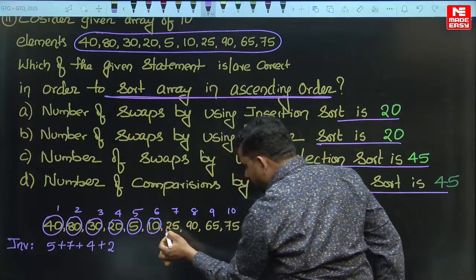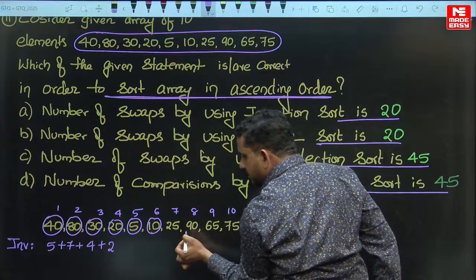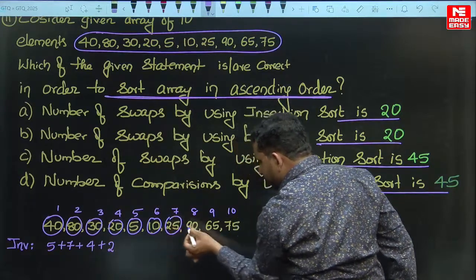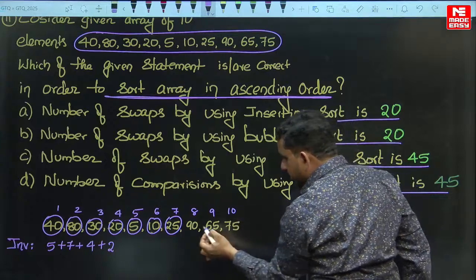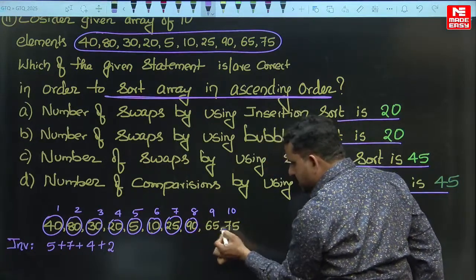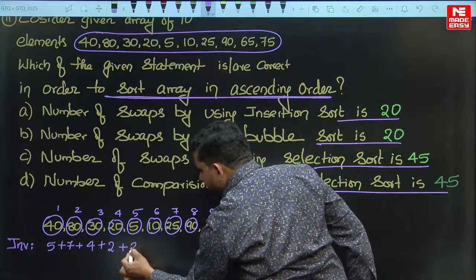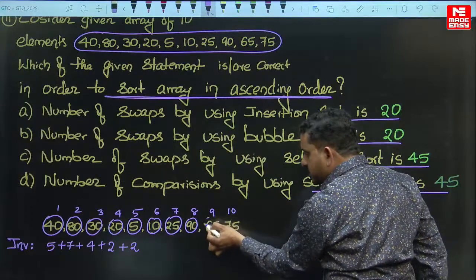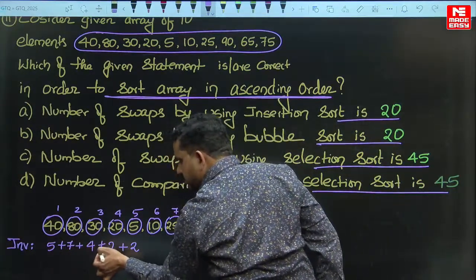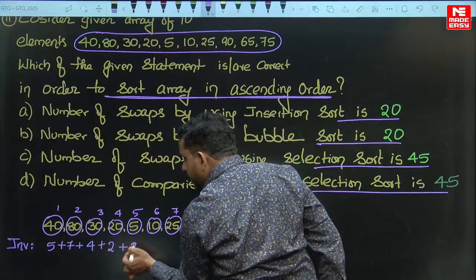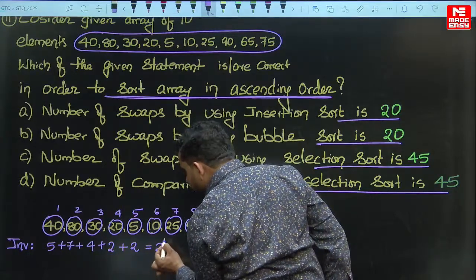For 10 also no inversions. For 25 also no inversions. For 90, 2 inversions, for 65 no inversions. These are the total inversions: 12 plus 4 is 16, 18, 20. Total 20 inversions.